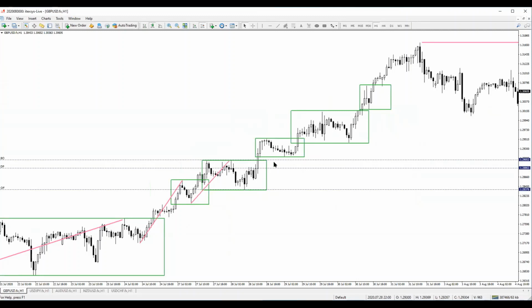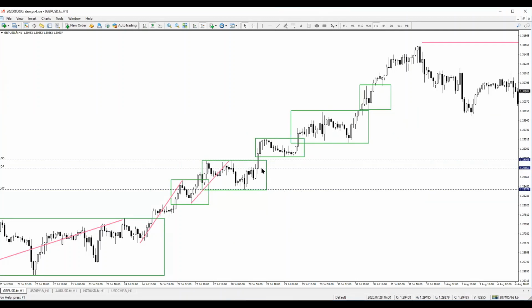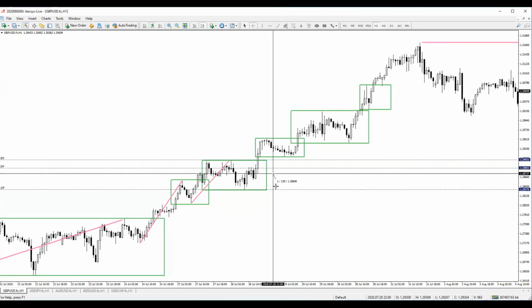So if price is penetrating this area, it will probably go all the way down here. This range, about 37 pips, almost 40 pips, mostly definitely has no demand in it, and price will easily slide back.